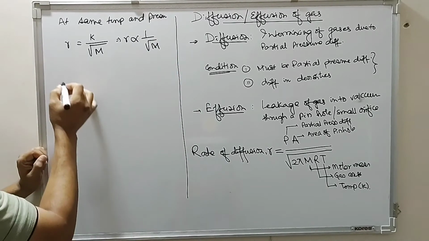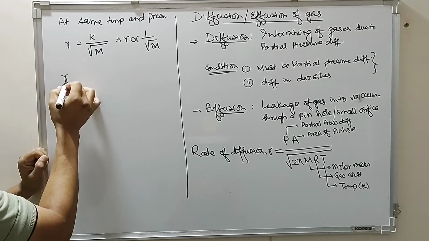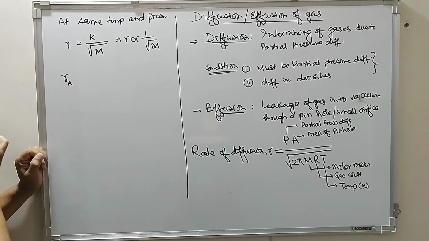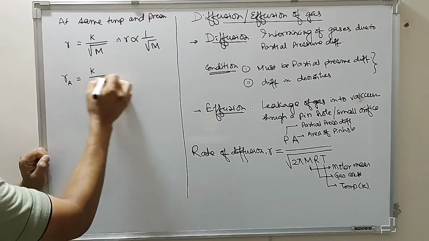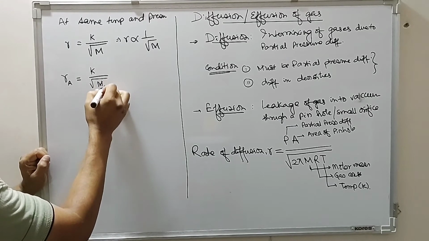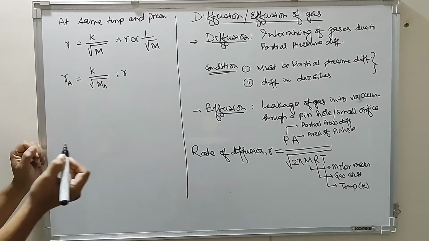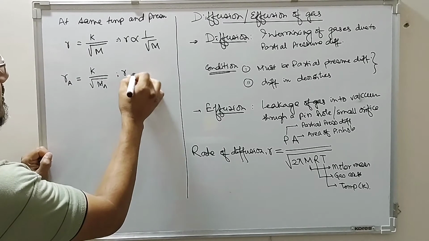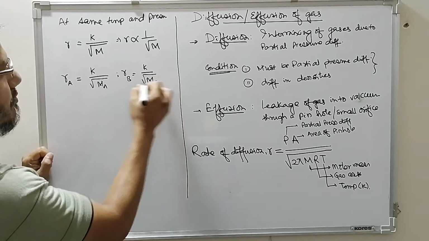So therefore, look at this. Suppose we have a gas molecule with rate Ra, so this is K by under root of Ma. Another gas molecule at the same temperature and pressure has rate K by under root of Mb.